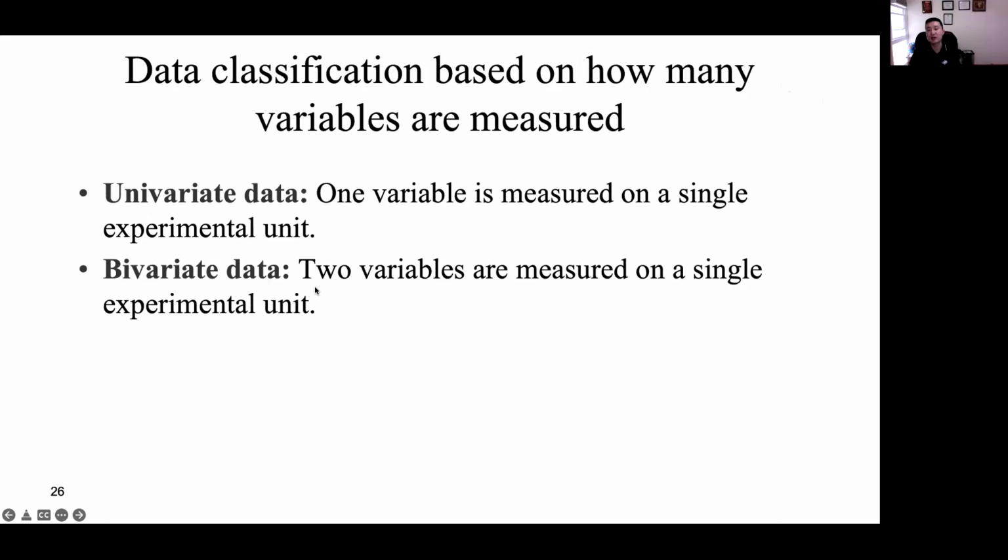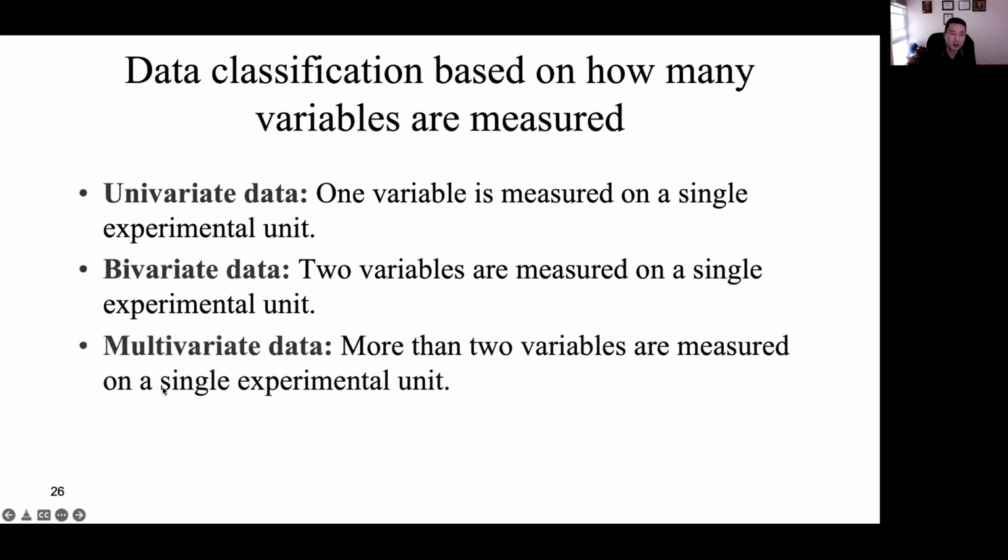Two variables are measured on a single experimental unit. For example, for one concrete block, we measure two variables, the strength and also the weight of the block. So two measurements on one block. We call that bivariate data. More than two, we call that multivariate data.